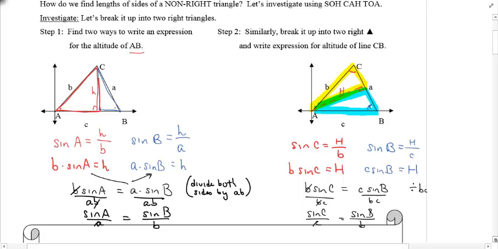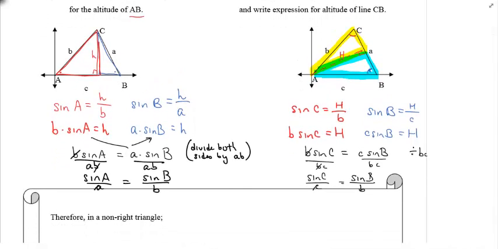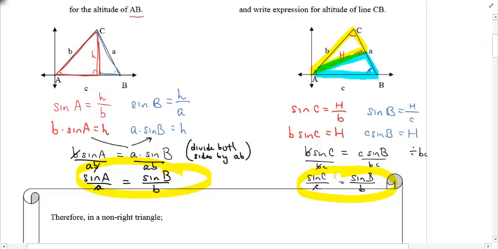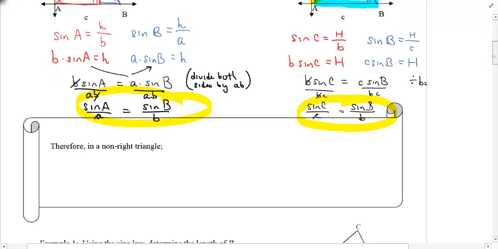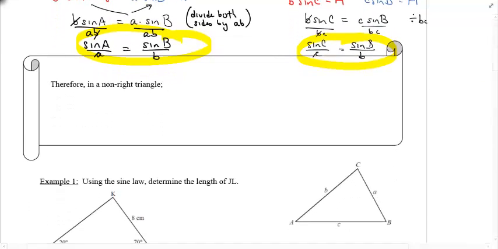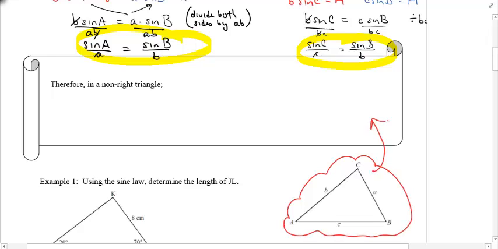And since both of these equations equal sine B over B, we now have the following. So in a non-right angle triangle, by the way, oops, this picture should be in here. Sorry.